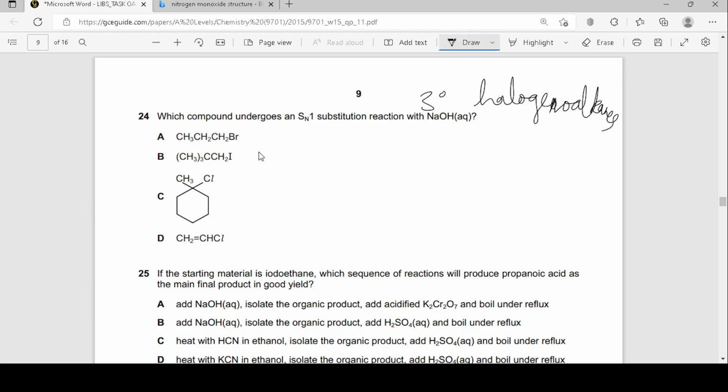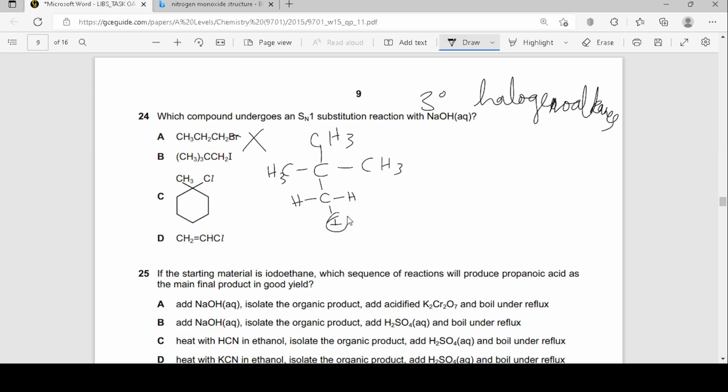So I need a tertiary halogenoalkane. CH3CH2Br is not tertiary, that's a primary haloalkane, so I can cross that out. The next one, CH3 twice, CH2, I cannot really see it clearly. Let me draw it out to make it easier to see whether it's tertiary or not. CH3, and then this is bonded to CH2I.